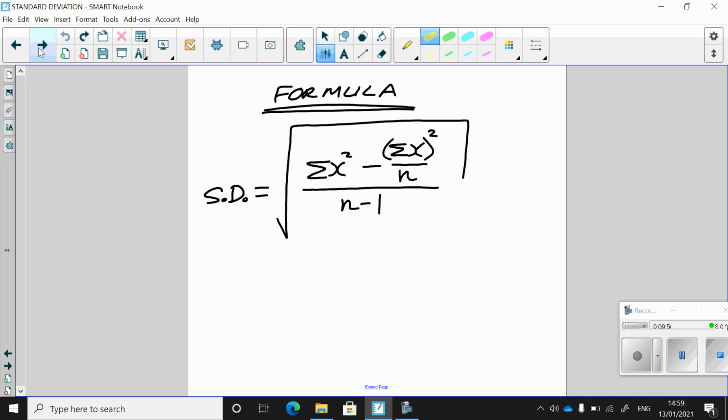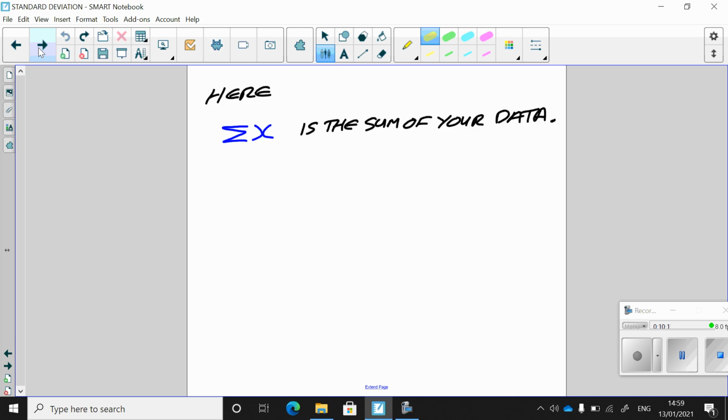Anyway, to calculate this thing called the standard deviation, we've got some formula that somebody's made up. They've told me and I'm telling you. And it's not quite pretty, but we'll go and explain all the little things that are in that formula. So that thing there, that's big sigma.